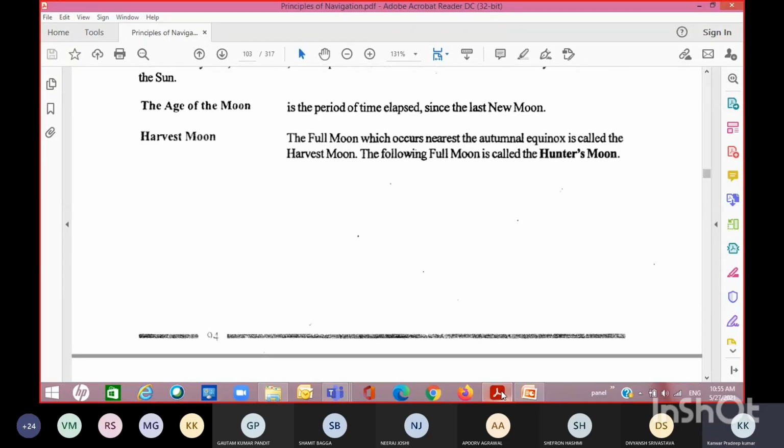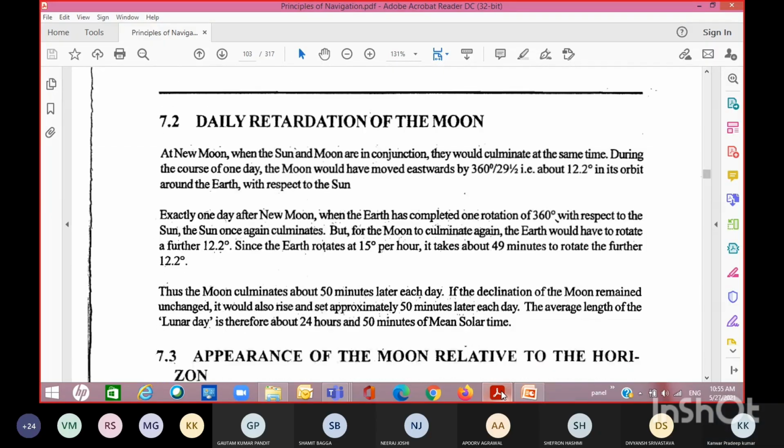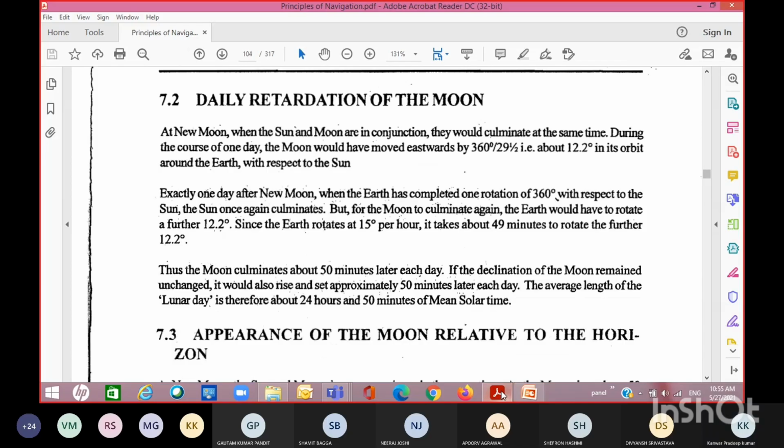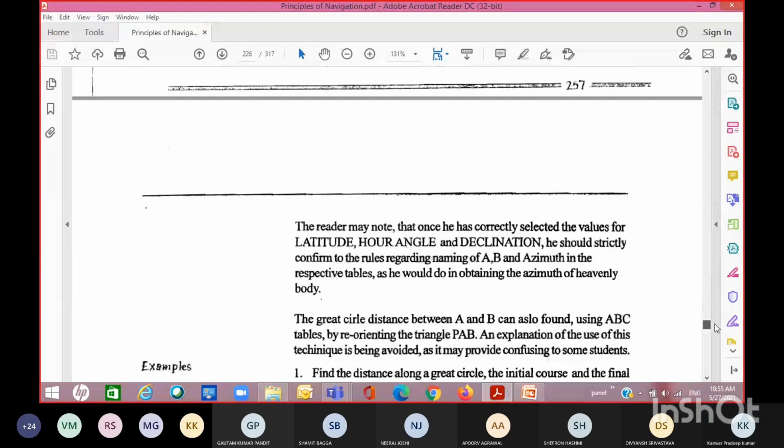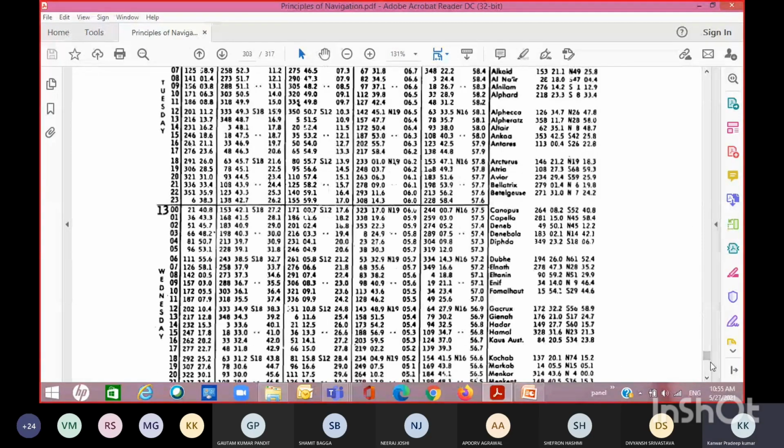There is one column on the age of the moon or the phase of the moon. It is the time period elapsed since the new moon, not the full moon. So this is page 104. I will just quickly take you down.